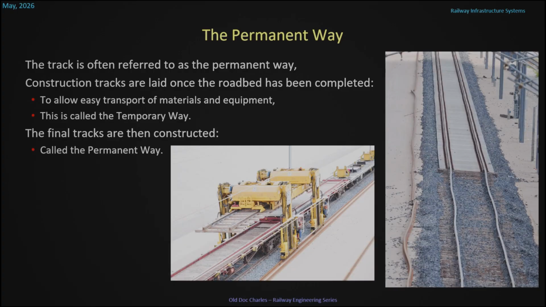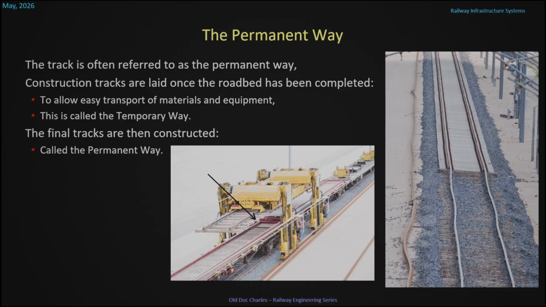In the picture on the right, you can see the temporary way, which is basically some track panels, kind of like a train set, that have been laid, and we can use these to bring in the construction equipment in order to build the railway. Once we've got all the ballast and everything down, we can then build the permanent way, which is at the top of the picture.